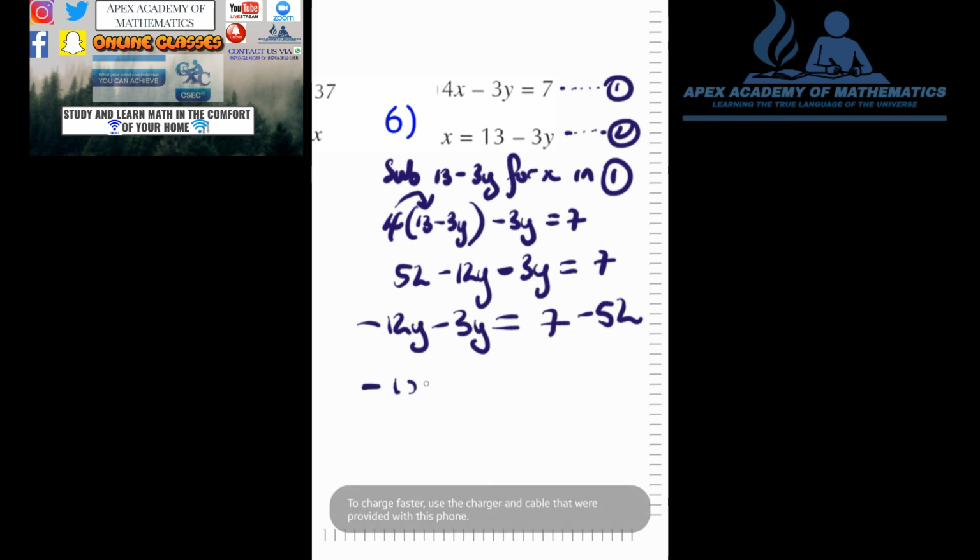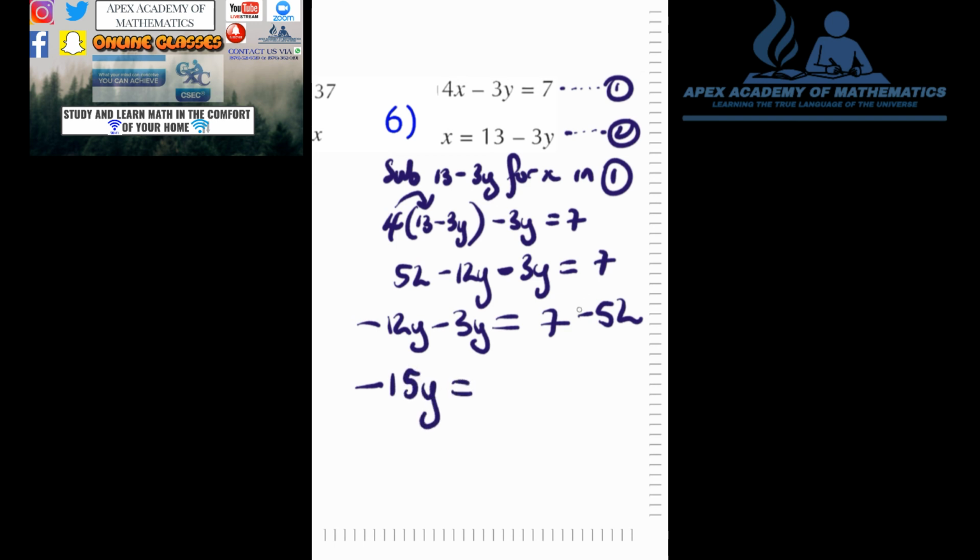A lot of persons still may have problems with integers, so a link is in the description below for videos on how to work out integers. So negative 12 minus 3 is negative 15y, and when we take away 52 from 7, we're simply going to get negative 45.